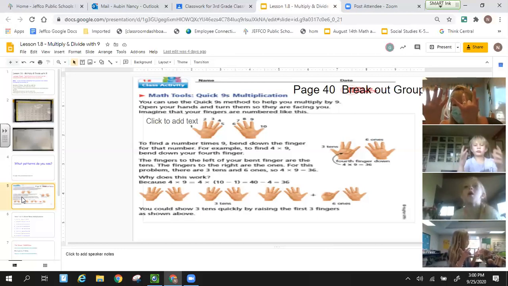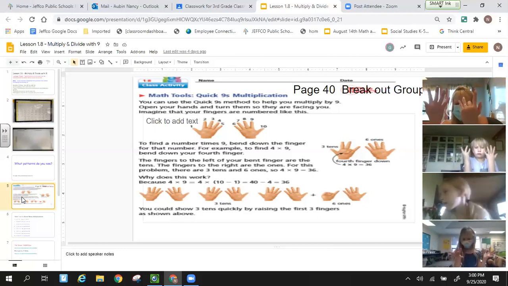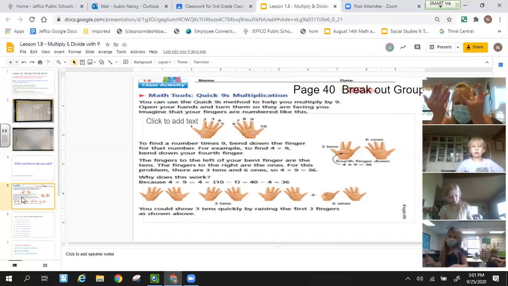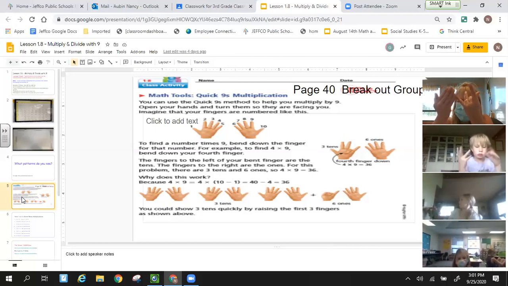How many fingers are to the left of my third finger that's down and how many are to the right? What would 3 times 9 equal? Here's 2, and here's 1, 2, 3, 4, 5, 6, 7. So that would be 20 what? 7. Excellent, whoever said that. 3 times 9 is 27.